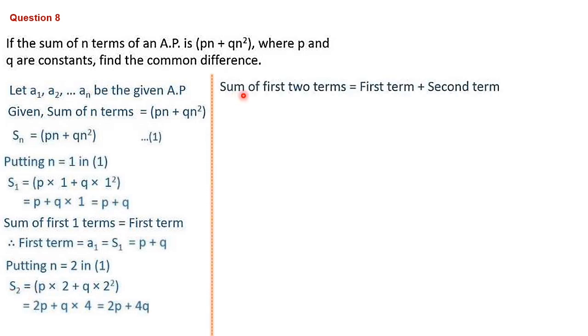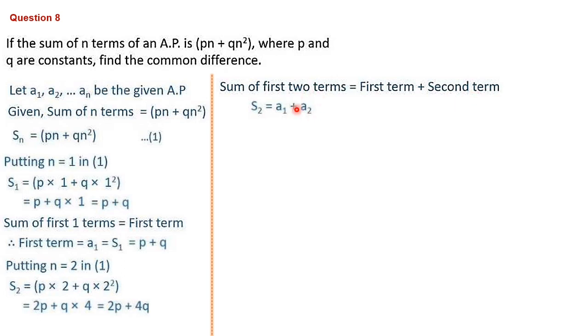Now sum of first two terms means what? First term plus second term, that is A1 plus A2. When we add, we say the sum of first two terms. That is the literal meaning. Then the sum of first two terms, S2, is equal to A1 plus A2.